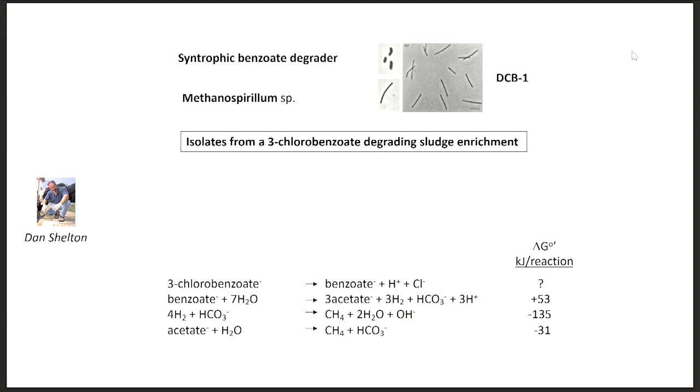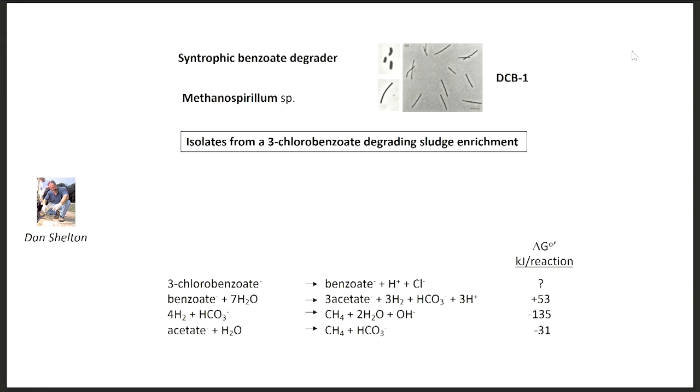So he had spent 4 years isolating these organisms, and then Jim Tiedje told me, you put them back together. Well, that sounds a little bit counterintuitive, but actually it was a really good idea. So we had those isolates, and we thought about the stoichiometry and the delta G values.